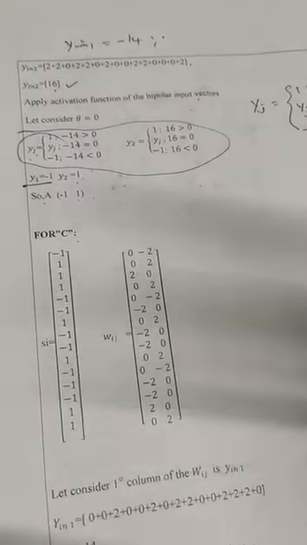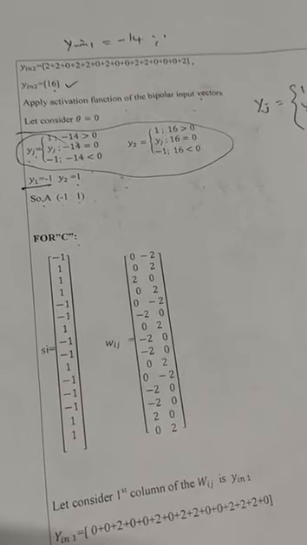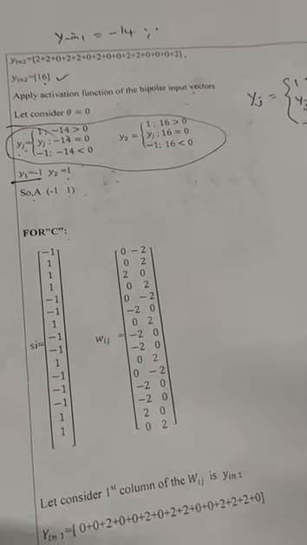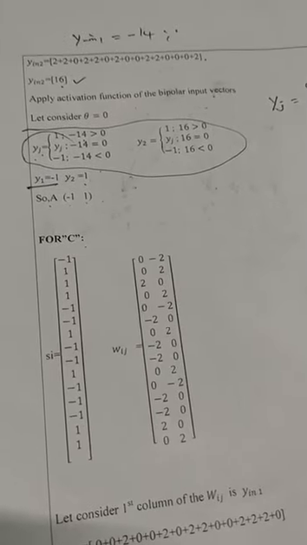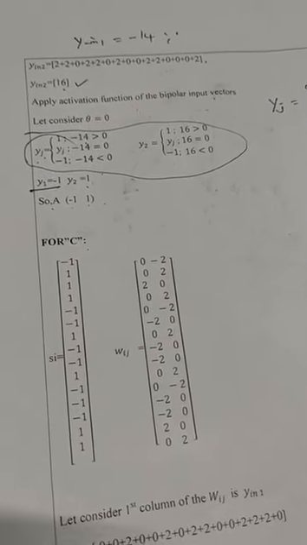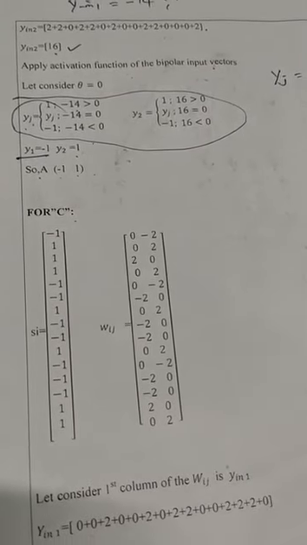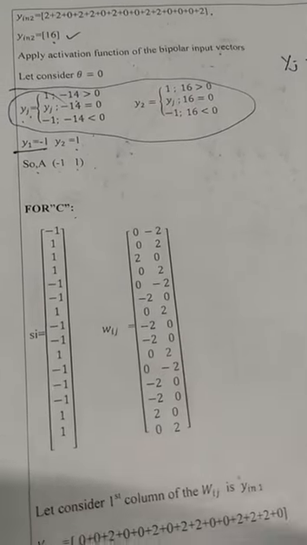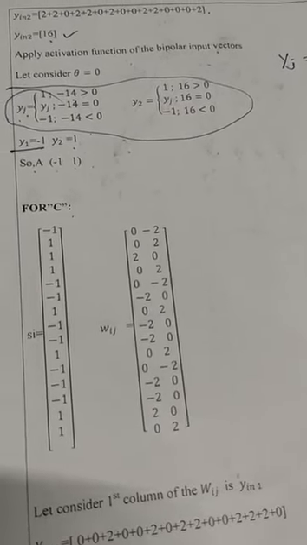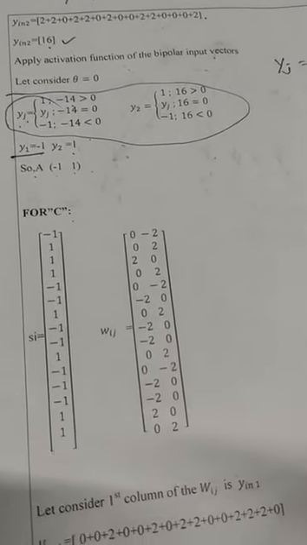Take an example, I don't know whether my applied input pattern is A or C. I have applied some input. If the BAM network produces 1, 1, then that says that the applied input is C. If the BAM network produces -1, 1, then that says that the applied input is A. So this way we can identify the applied patterns.